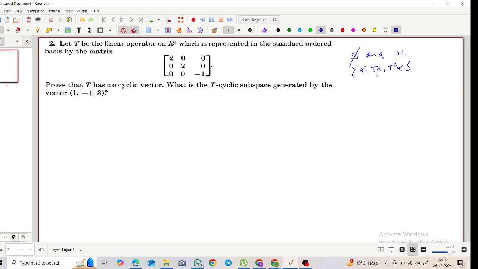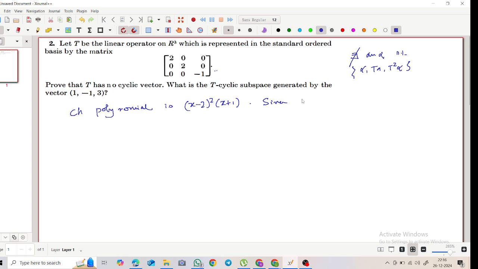So first compute the characteristic polynomial. So you will observe that the characteristic polynomial is (x minus 2) square into (x plus 1). Okay. But you clearly see that this is a diagonal matrix.